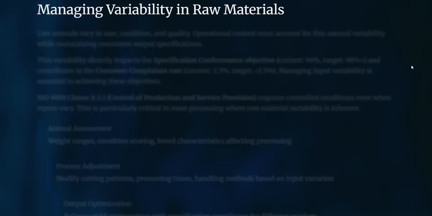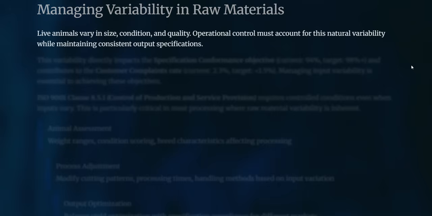Managing variability in raw material. Live animals vary in size, they vary in condition, and they vary in quality. Operational control must account for this natural variability while maintaining consistent output specifications. It seems like a challenge, but let's dissect that.